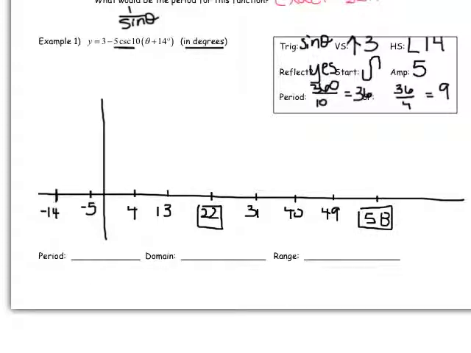All right, I need to go up 3, and from that up 3, that's my sinusoidal axis. Your vertical shift is always your sinusoidal axis. And then let's apply the amplitude of 5, so that's going to land me at 8 and negative 2.